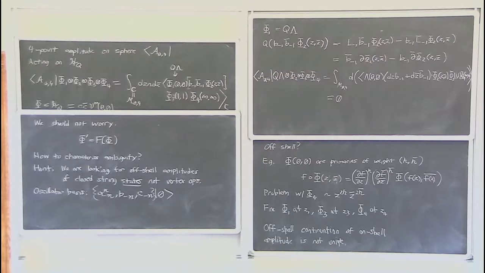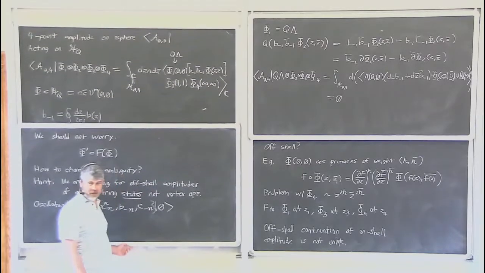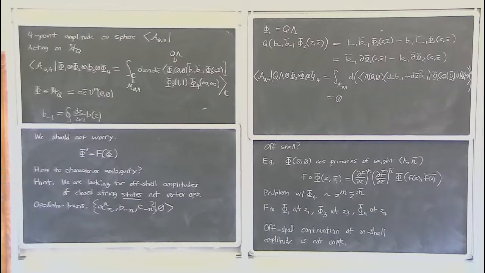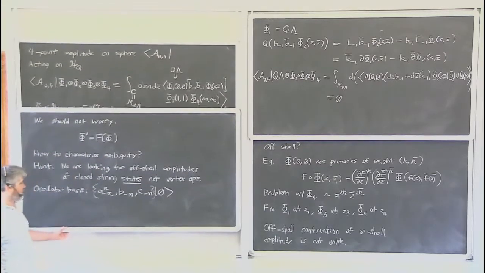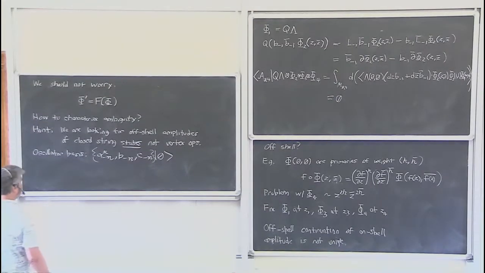I'm saying that these concepts are not quite equivalent, at least not in the way you would imagine. So when we think about a state in the CFT, usually we're imagining some oscillators acting on the vacuum, rather than a vertex operator.